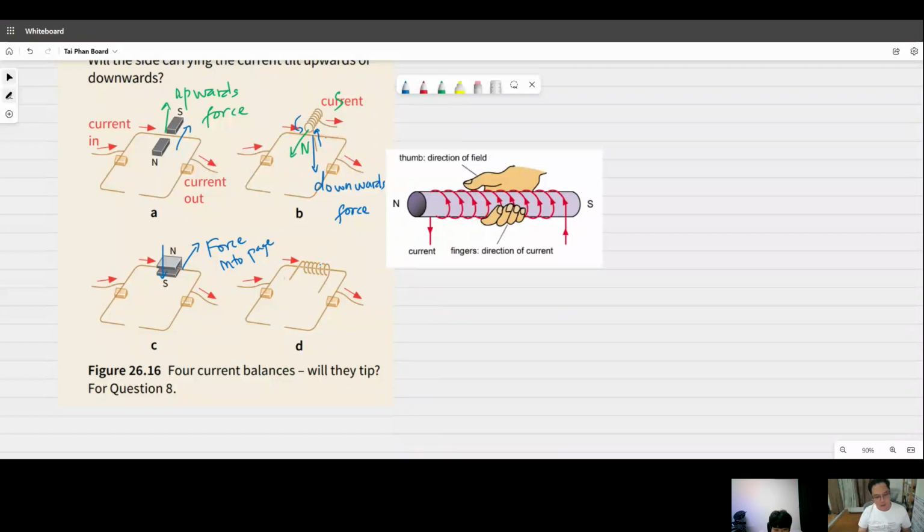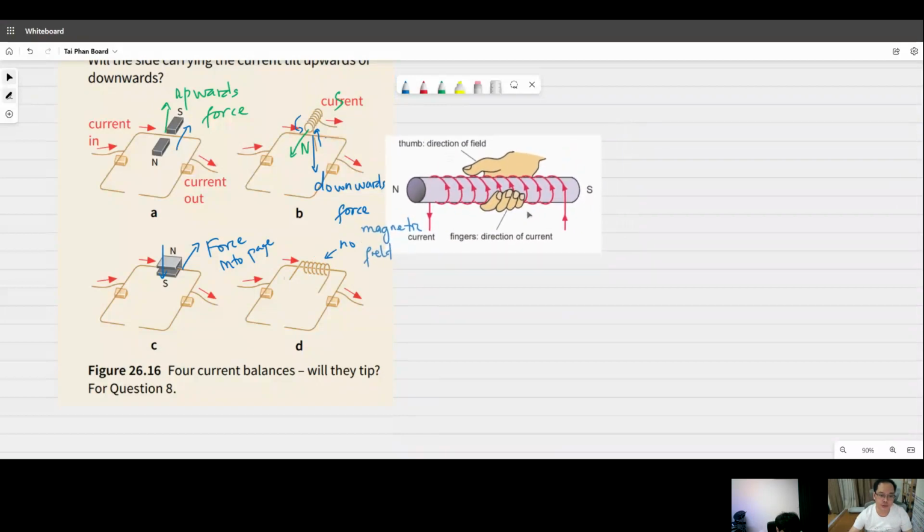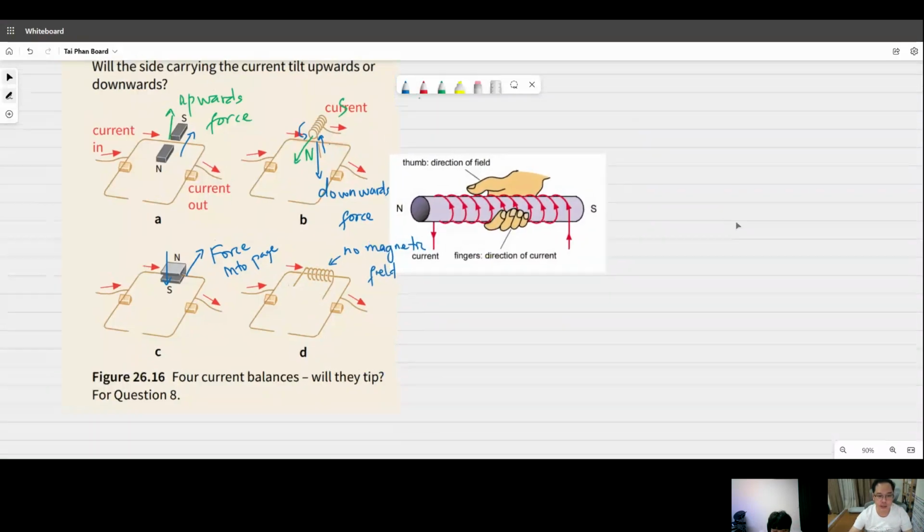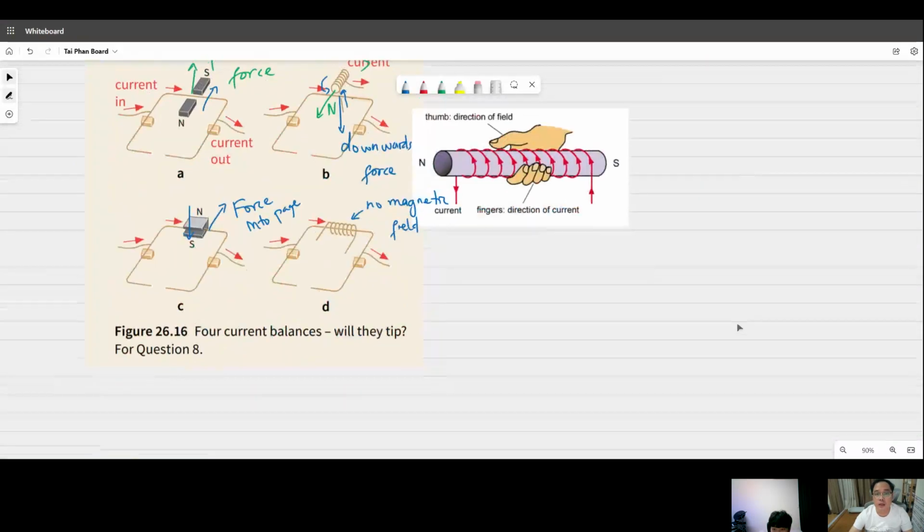They didn't indicate the current in the coil, so there's no magnetic field and no magnetic force, because they didn't indicate there's a current in the solenoid. So the answer is A, upward force, and B, downward force.